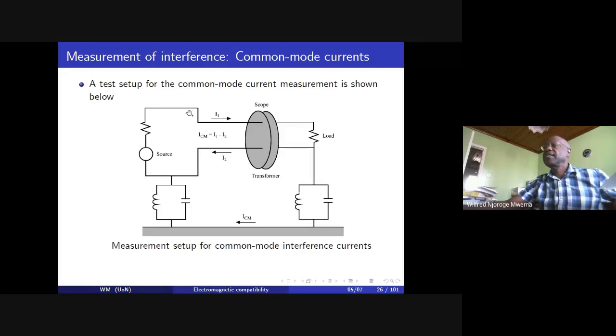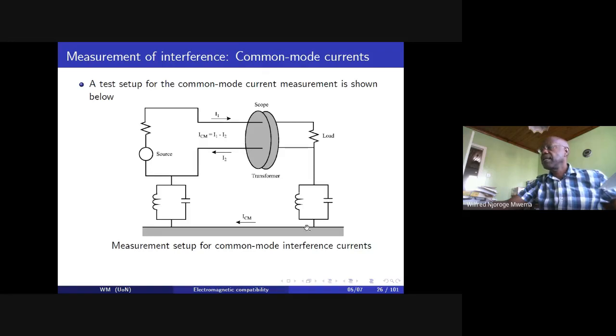So a test setup for the common mode current measurement would have the following form, where we have the source of the interference with its source resistance, then we are sending in a current to the scope, which is just a transformer, and then we pass that current through a load, and we take the value of I2 that is coming out of the transformer, and we get a value of ICM, or the common mode current, as I1 minus I2.